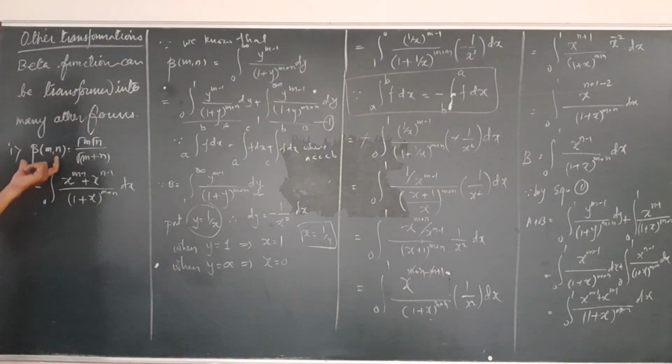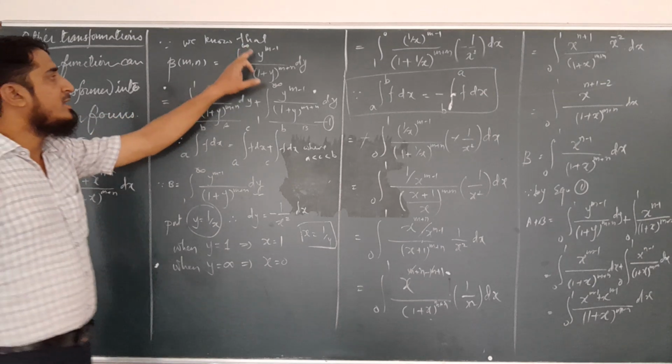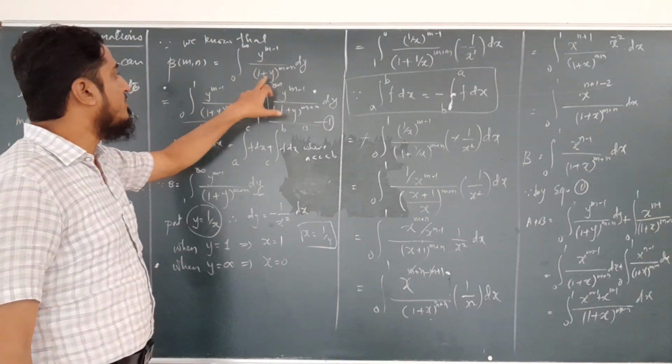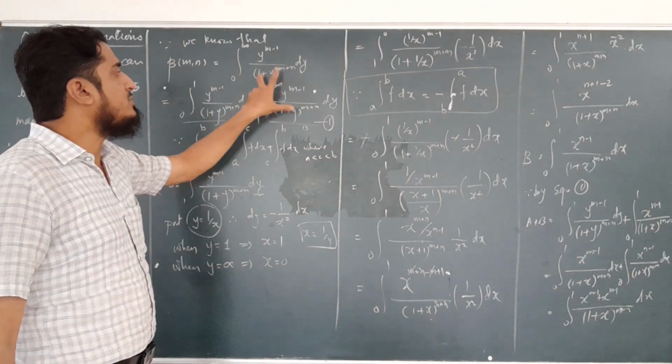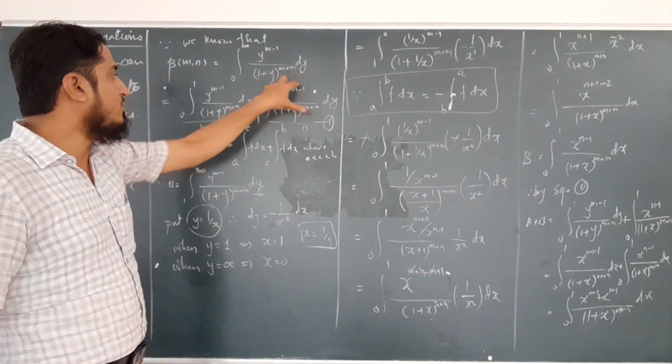We have beta function, beta mn, as integration from 0 to infinity y raised to m minus 1 upon 1 plus y raised to m plus n dy.